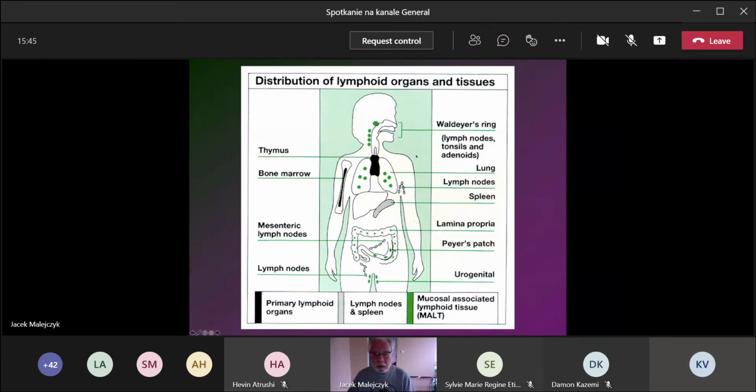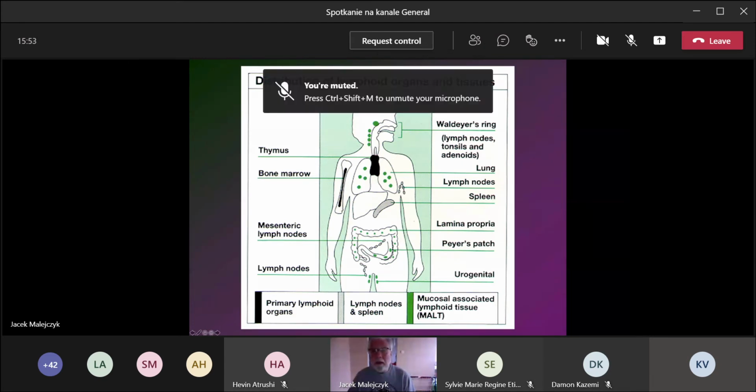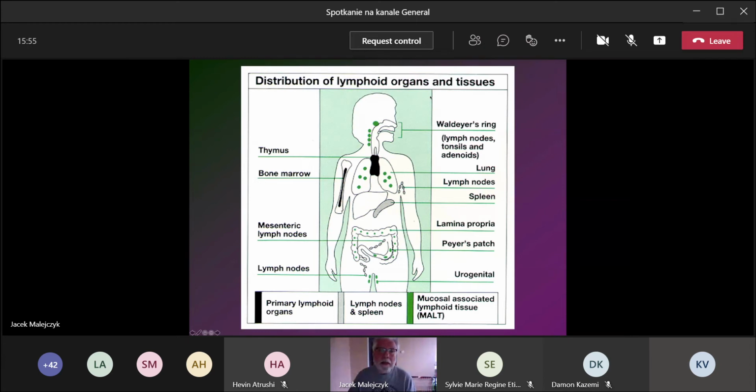Well, the lymphoid organs are distributed along the whole body, except the brain and the eye, and also the male testes. So this is a schematic presentation. Where can we find them? As you see, the lymph nodes, shown here, are present in many parts.